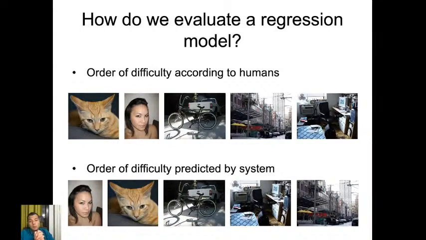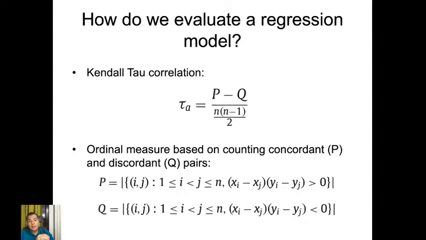So if you try to see how well these rankings are aligned, another measure that you can use is the Kendall tau. Kendall tau is a metric that counts the number of concordant and discordant pairs. I'll give you an example.